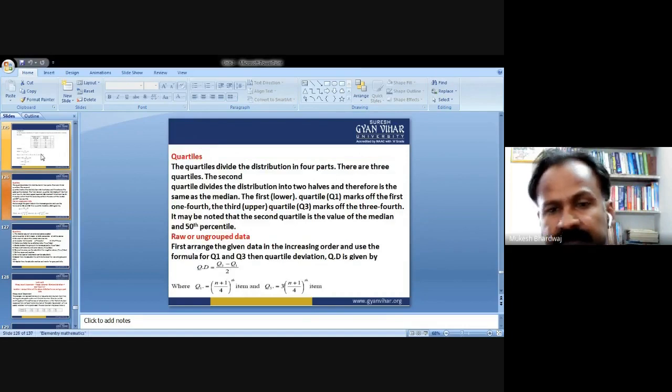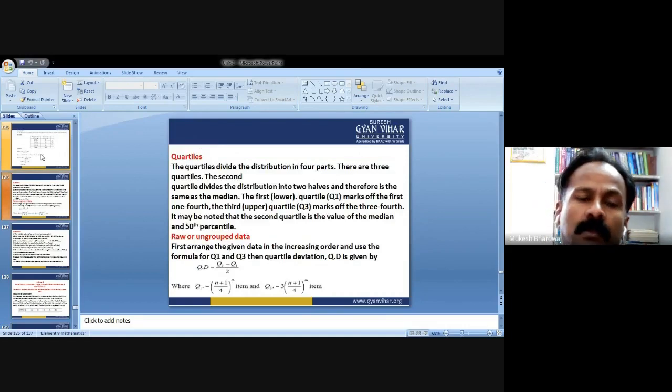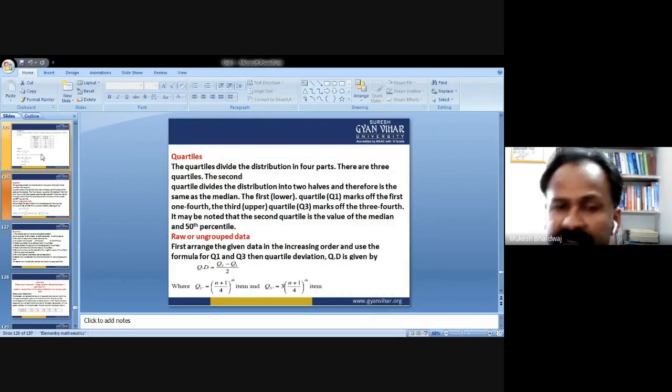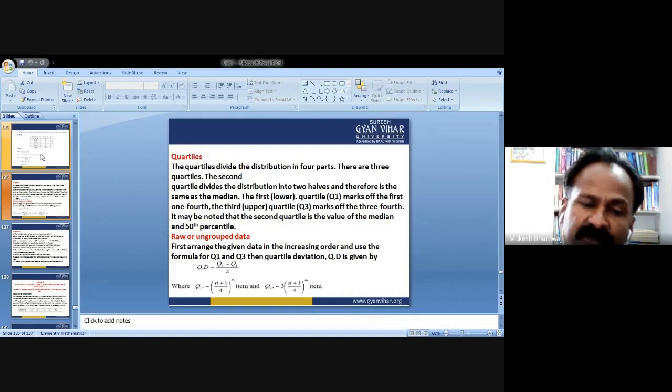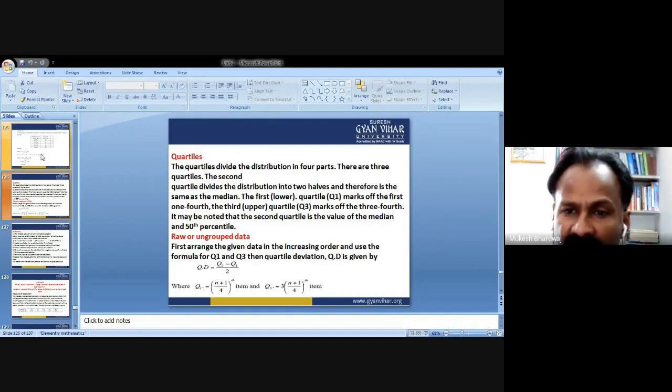Now quartiles. Quartiles are just like percentiles. Percentile means you divide into 100 parts. Similarly, quartiles divide the distribution into four parts. There are three quartiles. The second quartile divides the distribution into two halves and is therefore the same as the median.